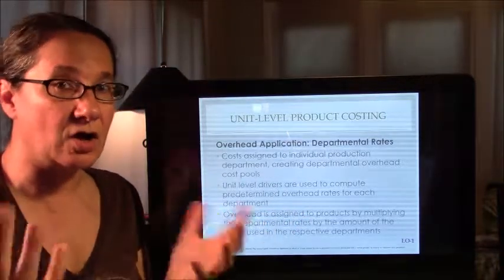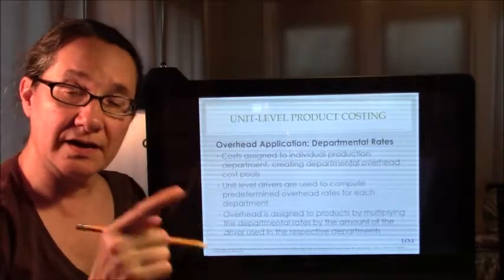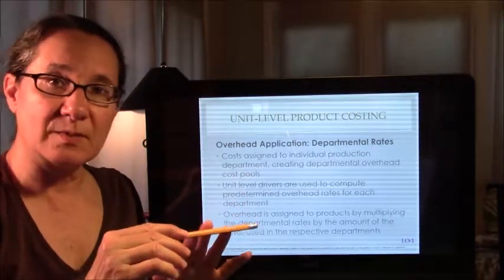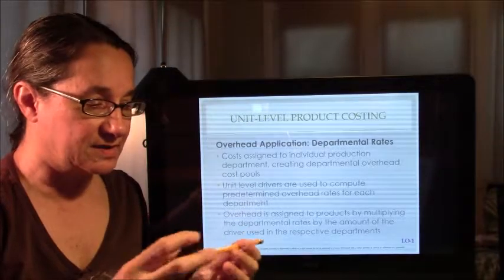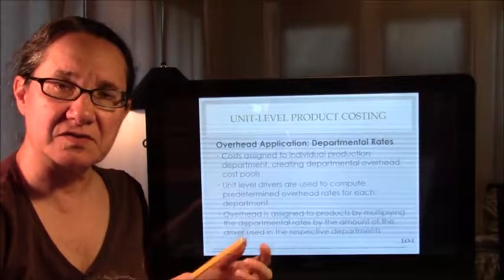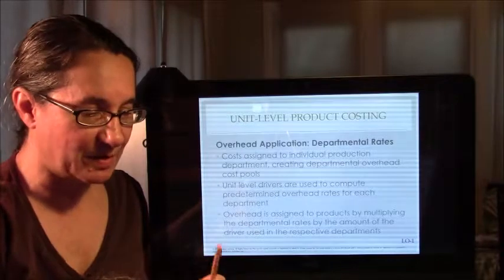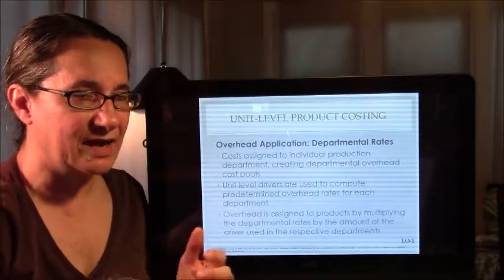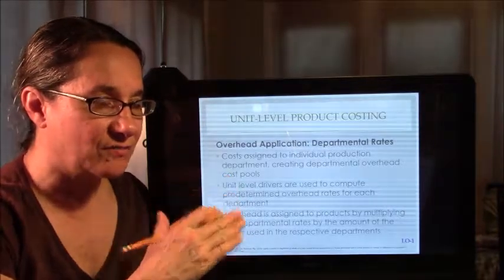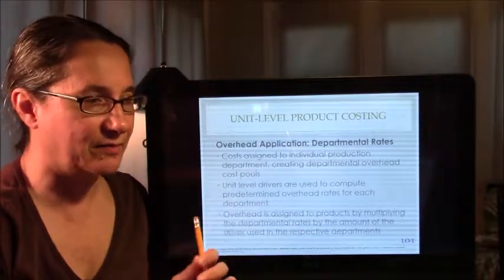So instead of taking all your overhead through the whole place, what we call plant wide, and making one cost pool, sometimes we'll say, well, there's the lathing department for the wood and the assembly department for everything else. And so maybe we'll split up costs between those because they're kind of different. The lathing is all by machine and the assembly department is all by people. So they run at different rates. So we're going to have different drivers for our two departments instead of just one big plant-wide rate.